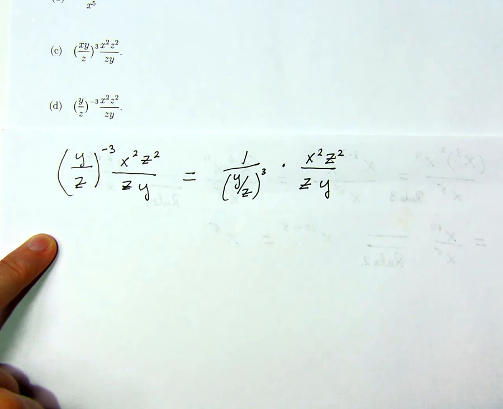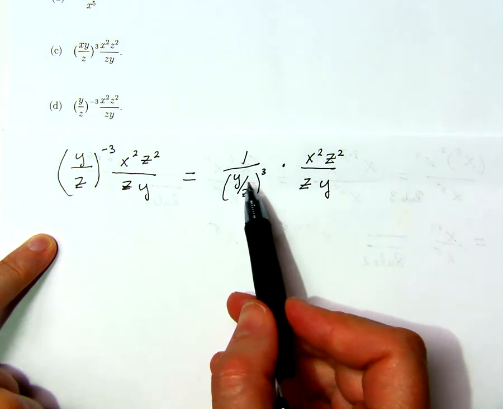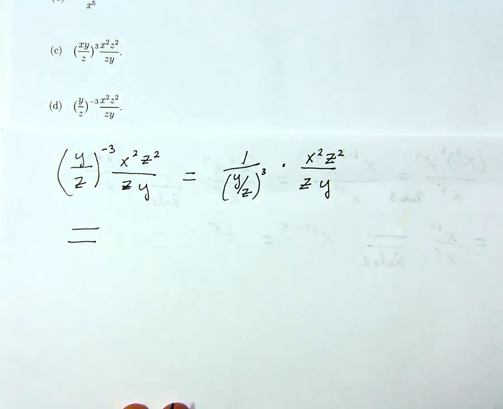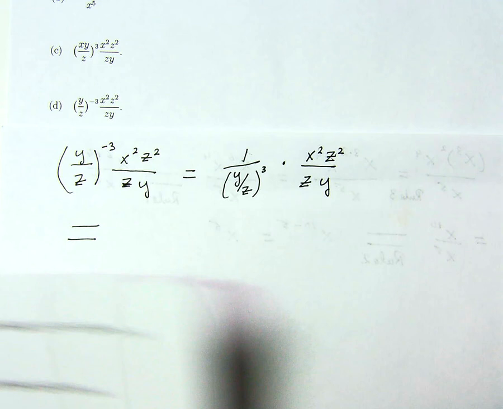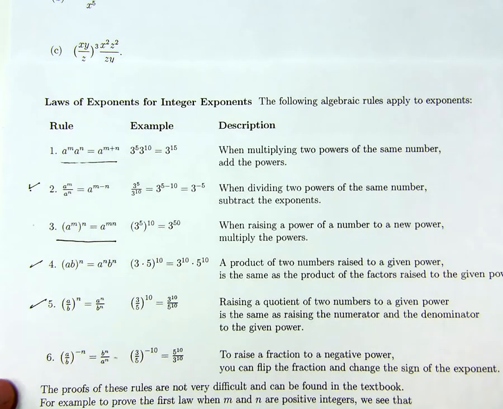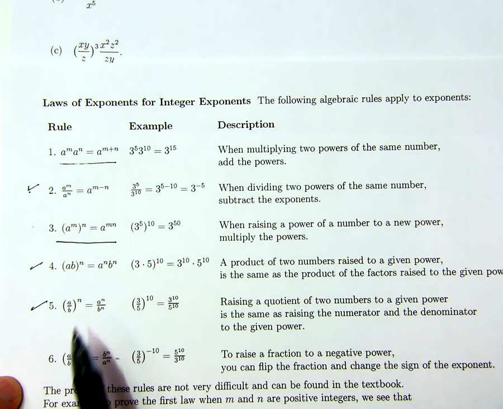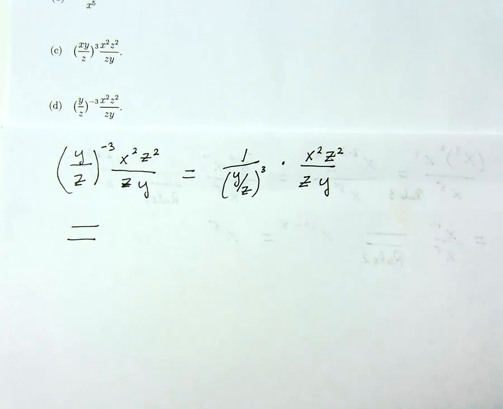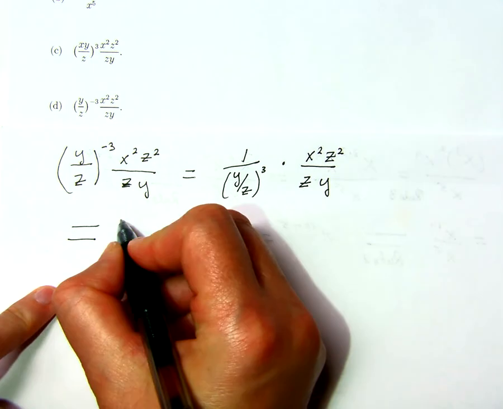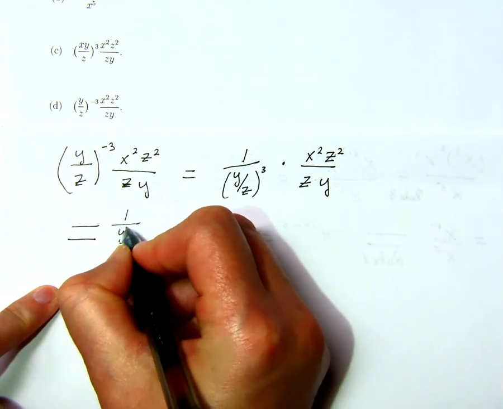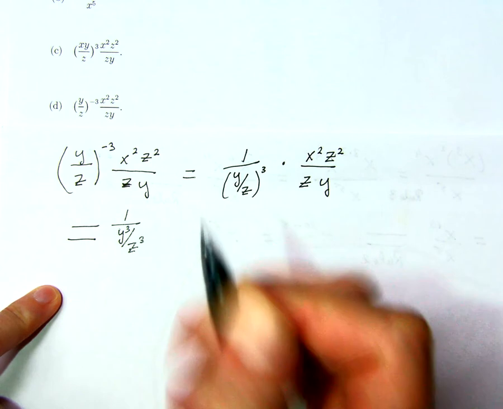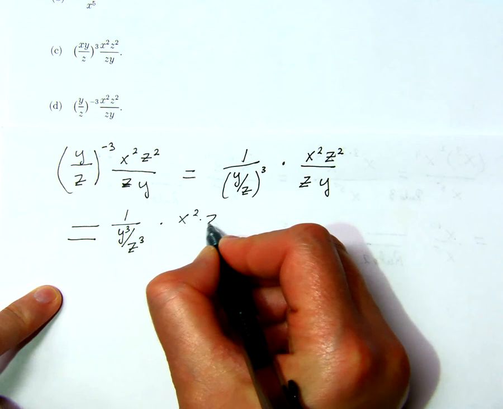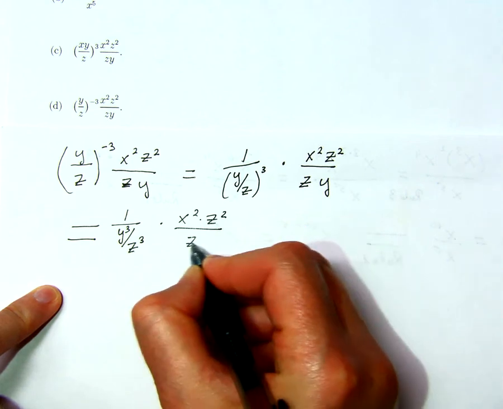And now I can distribute this cube over the numerator and denominator using rule number 5 here. We have a over b to the n is a to the n over b to the n. So y over z to the 3 is y cubed over z cubed. And that's times x squared, z squared over z times y.